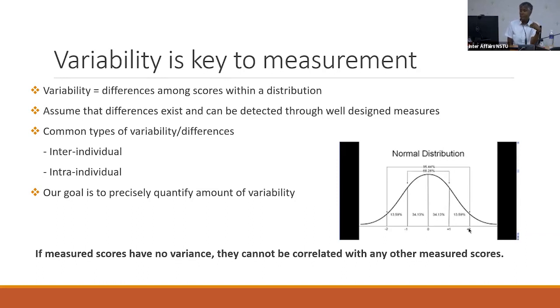At baseline, I might have a high level of depression, and if my medication or behavioral intervention is effective, we should be able to detect those changes or improvements within an individual over time. One key thing to keep in mind is that if there is no variability in a construct, then we're not able to correlate it with other measures. That's why a key assumption is variability.